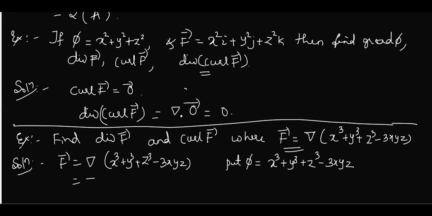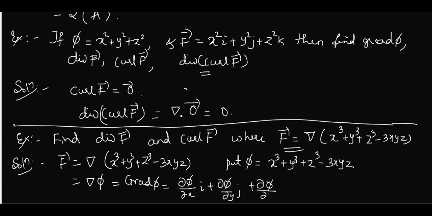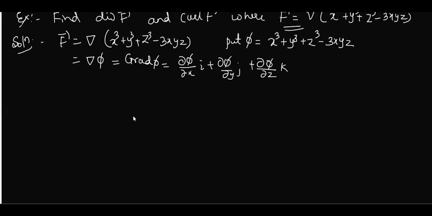So this is nothing but del phi. What is this representing? Grad phi, gradient of phi. By definition, del phi is dou phi by dou x i, plus dou phi by dou y j, plus dou phi by dou z k. This is by definition what we have for gradient.